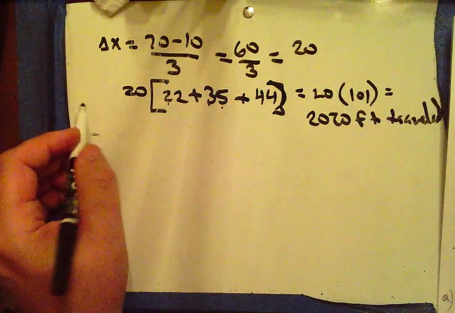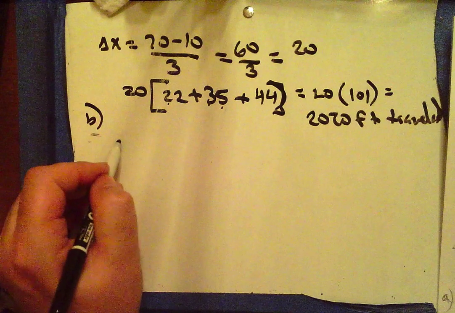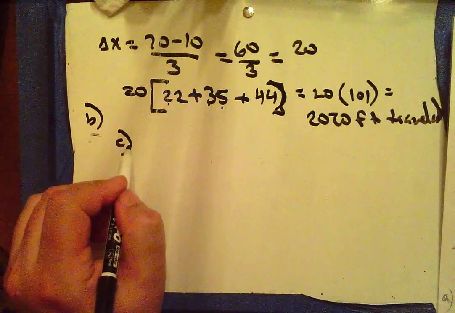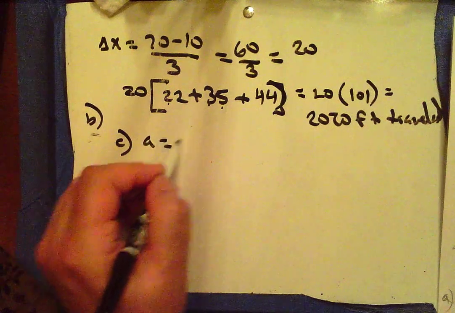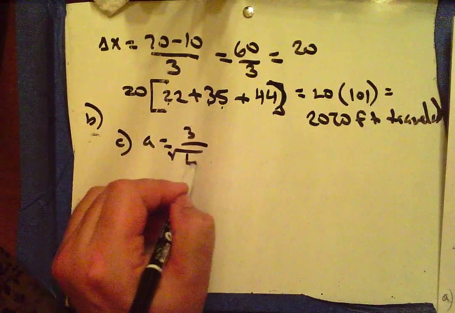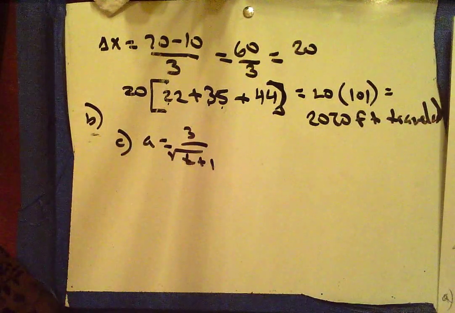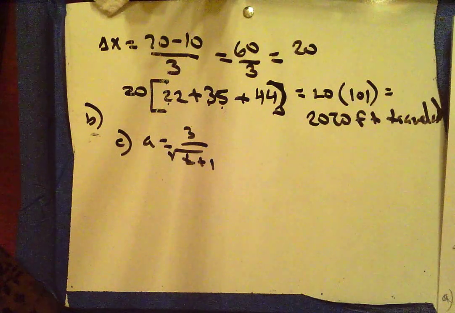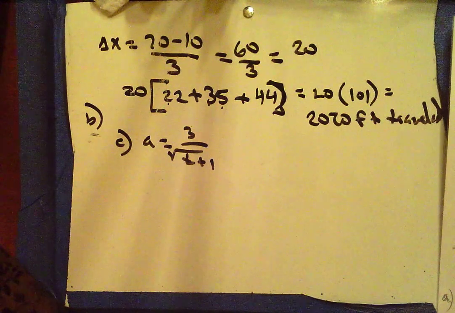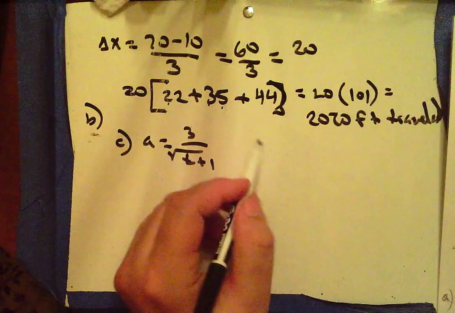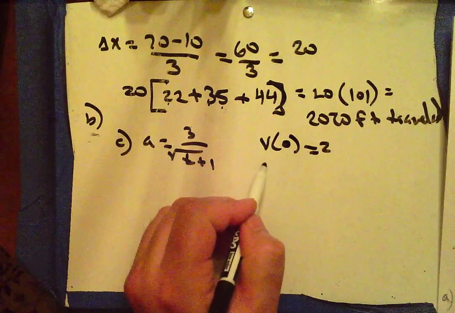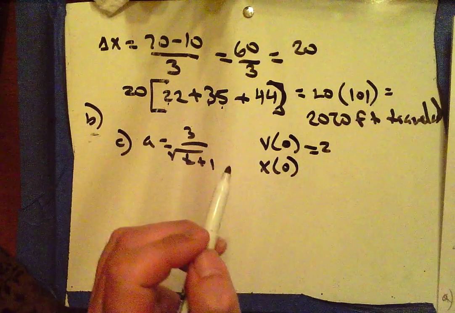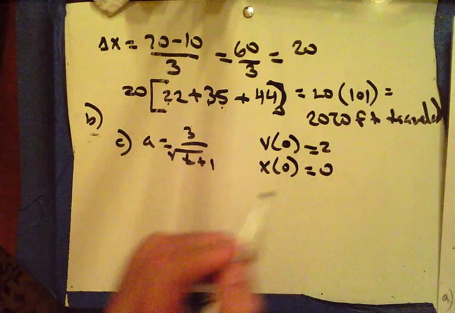Okay, there's part B. Part C says the rocket launches upward with this acceleration, 3 over square root of t plus 1. At time equal to 0, the initial height is 0, and the initial velocity, v of 0, equals 2, and x of 0 equals 0.